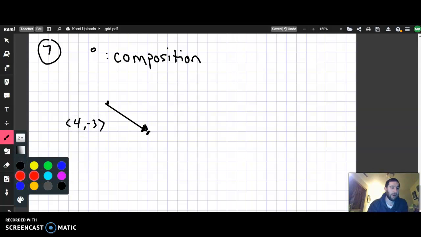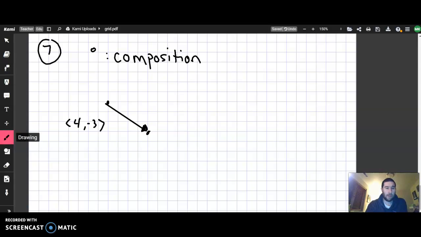If I do another vector now, and I start from where I ended, so I'm doing another vector in order, right? Then I can go ahead and do a vector. Let's do it here in gray. This new vector went up 2 and to the right 3. So to the right 3 and up 2.